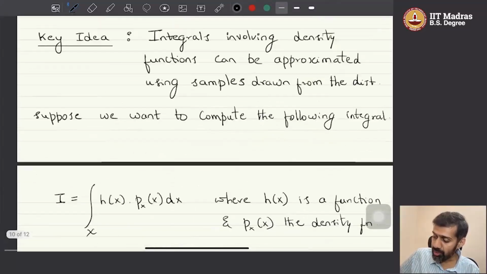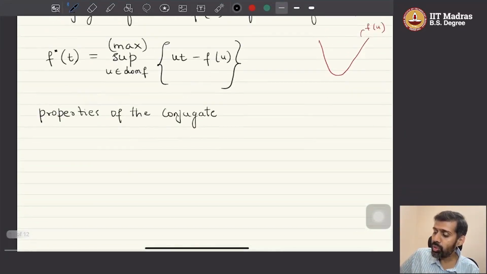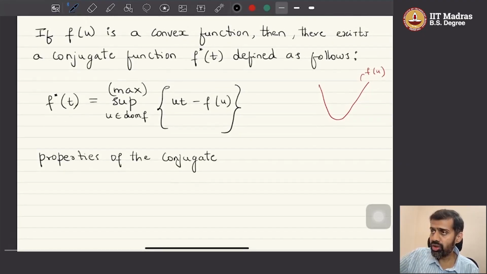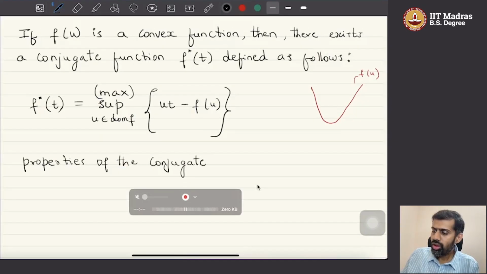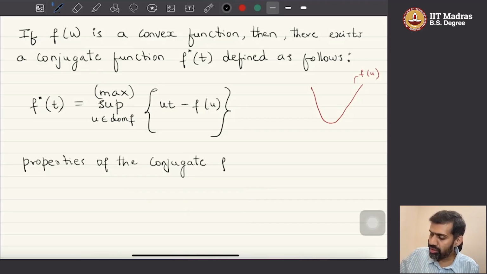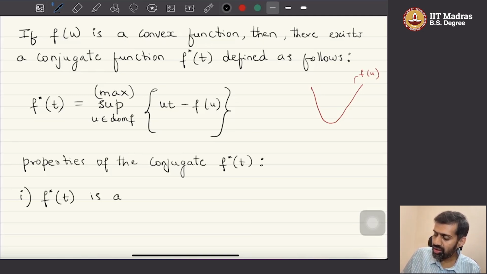So let's get back to what we were looking at. Every convex function will have what is called a conjugate corresponding to it. Coming back to the properties of the conjugate f star of t: f star, which is the conjugate, is also convex.